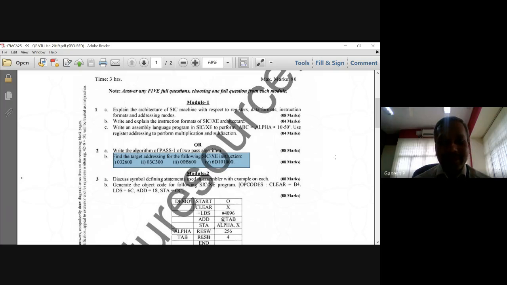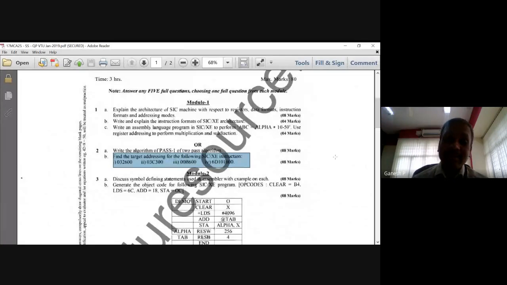Similarly, in the second case, if base is involved, you should say base address is required. However, I am assuming base is so much. Accordingly, my result is that much. So when the values are missing, you have an option to assume, but you should clearly mention that you are assuming. Got it? So you should be doing that.